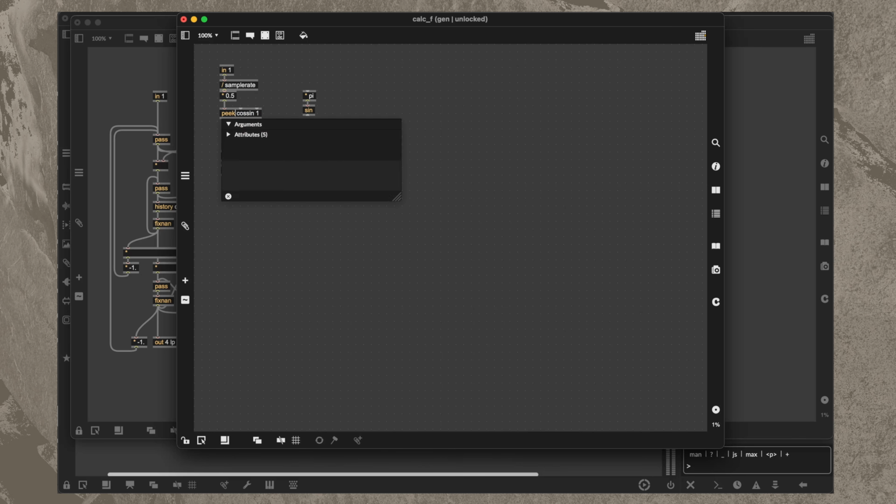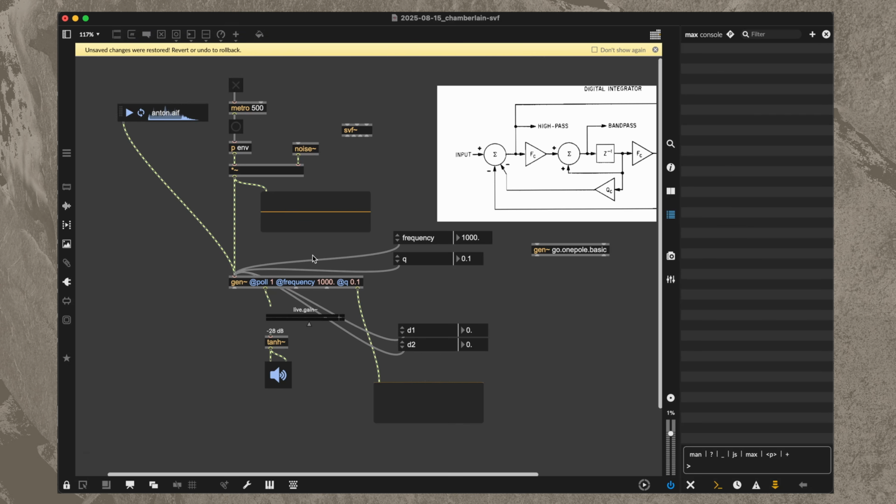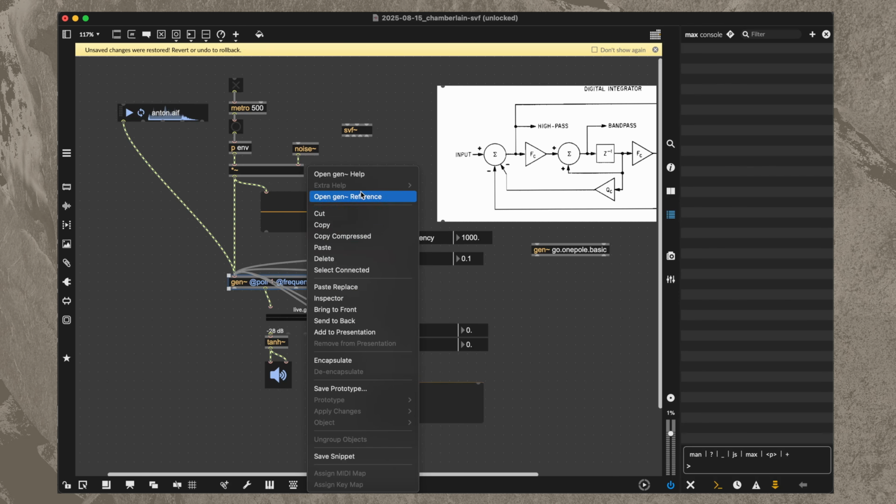I broke the, so I wrote some stuff into the buffer here, so I need to correct that. But before I actually try to pass that into the actual filter, I'm going to send that to the ready outlet just to make sure that I got it right. And again, I'm gonna copy this, and then I'm gonna paste replace.